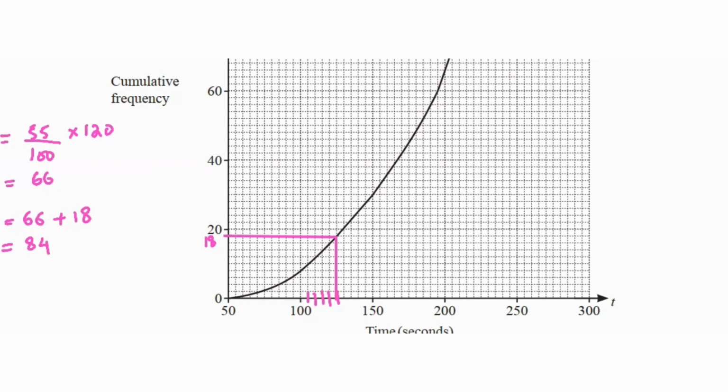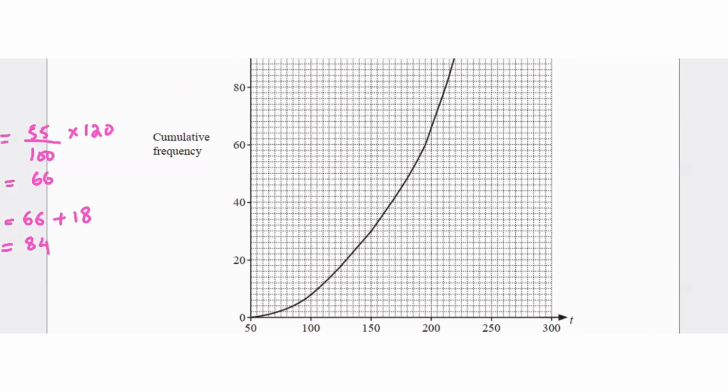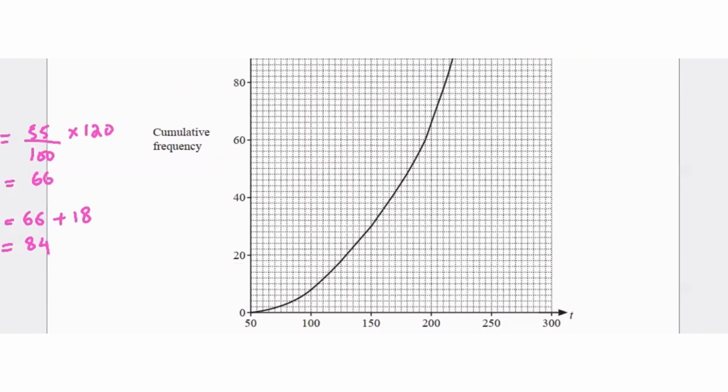So what we're going to do is remove this. We're going to go to 84, so 84 is going to come over here.